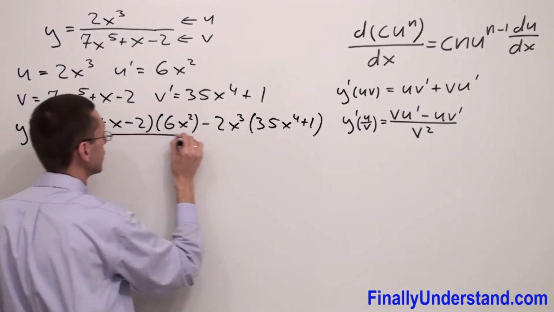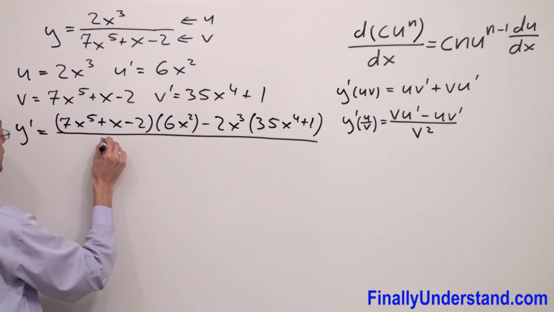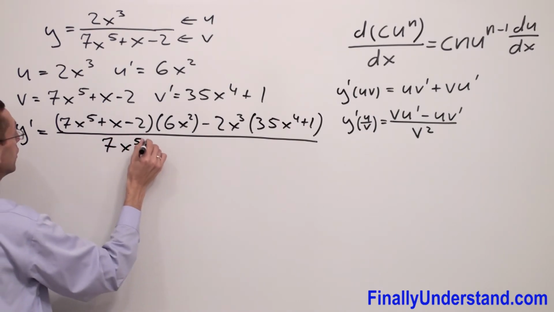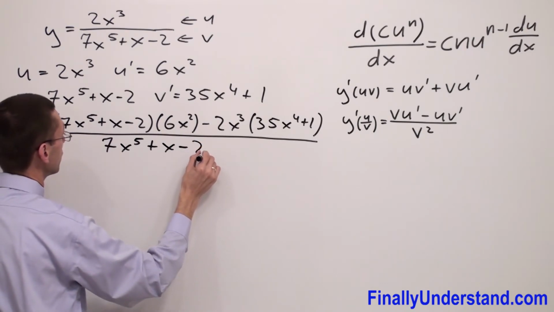Everything over v squared, so 7x to the fifth plus x minus 2, squared.